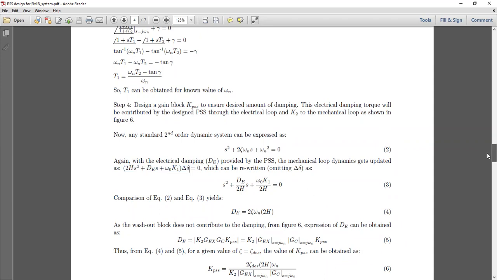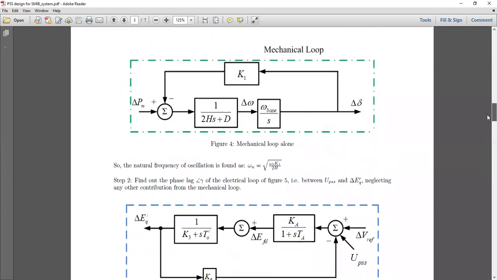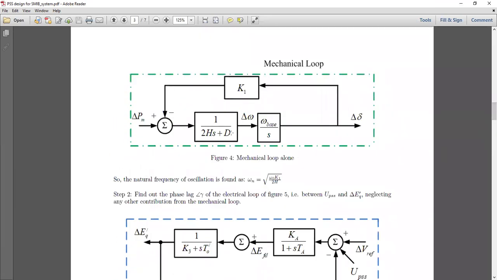So remember what we are getting is a damping DE. Remember we said that this D is not present; this is from the initial system damping. We started our calculation considering D to be 0.